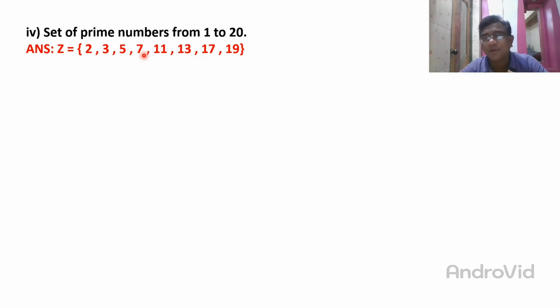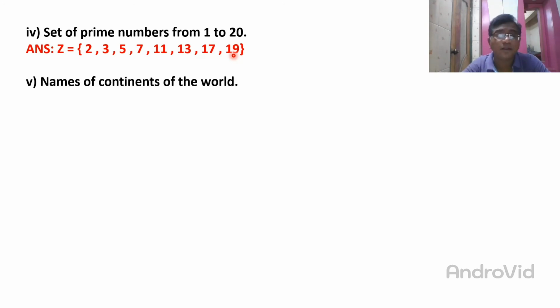So it is a composite number. 11 is prime, 13 is prime, 17 is prime, and 19 is prime because each is divisible by 1 and itself.